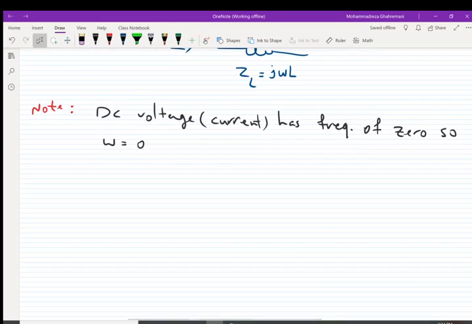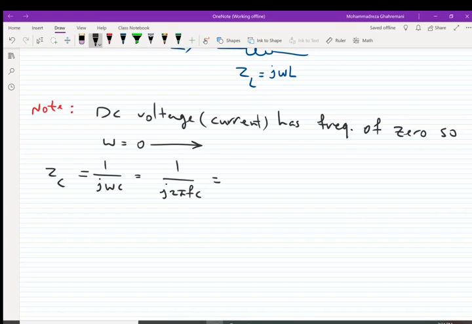Let's see what the impedance of a capacitor is for DC signals. It is 1 over j omega C, which is equal to 1 over j 2 pi f C. By the way, when omega is 0, since omega is 2 pi f, f is also equal to 0.